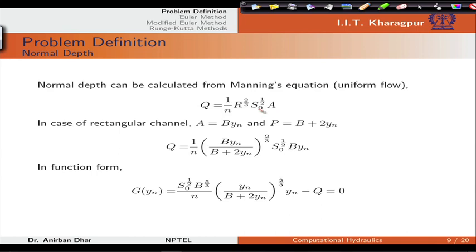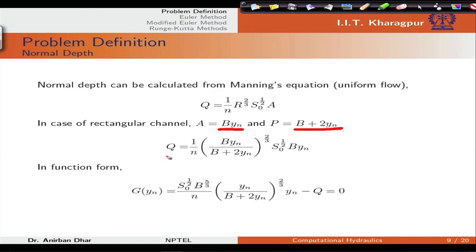In Manning's equation, we write q equals 1 by n, R to the power 2/3, S to the power half, or S naught specifically in this case, into area, then for normal depth, b into y n and b plus 2 y n.